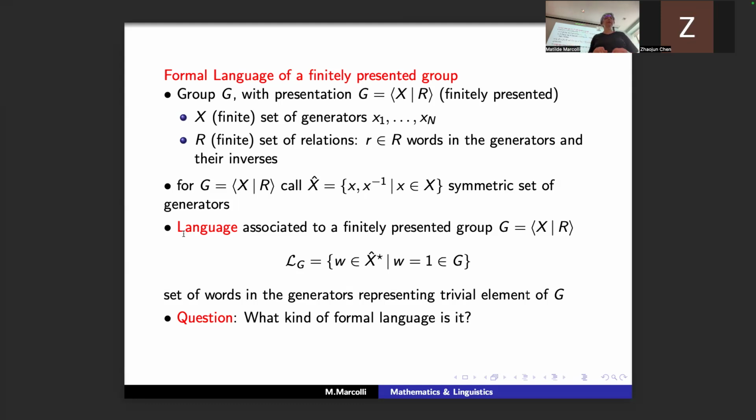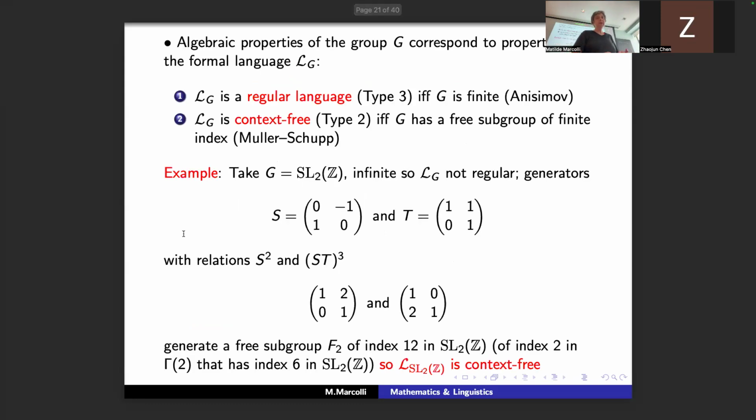In fact, this provides a very nice supply of examples in the theory of formal languages to check different properties of formal languages. For example, I'll say more about this today. If you have a language that's obtained from a group in this way, then it is a regular language if and only if the group is finite.